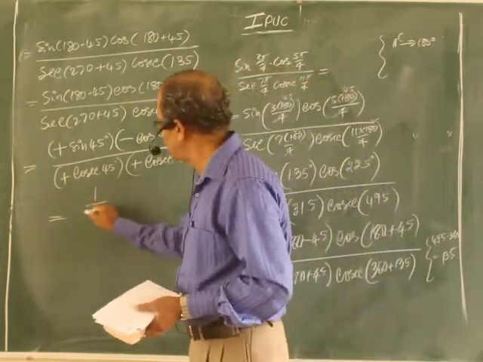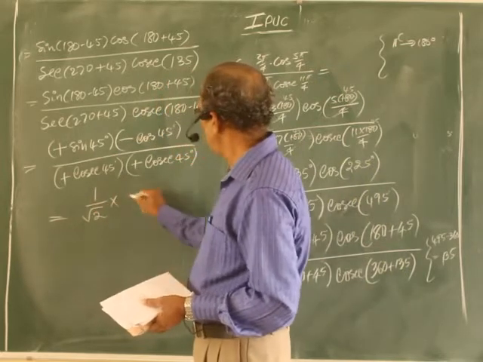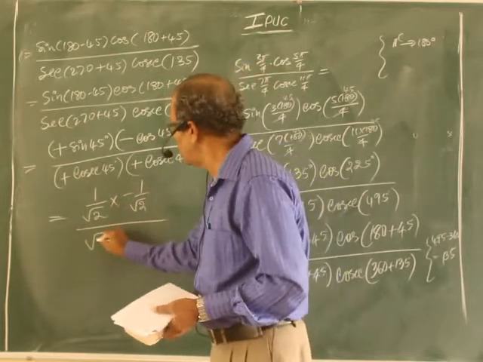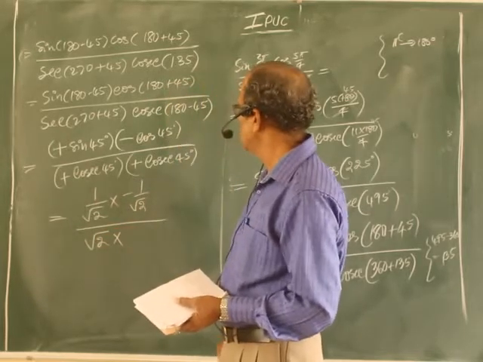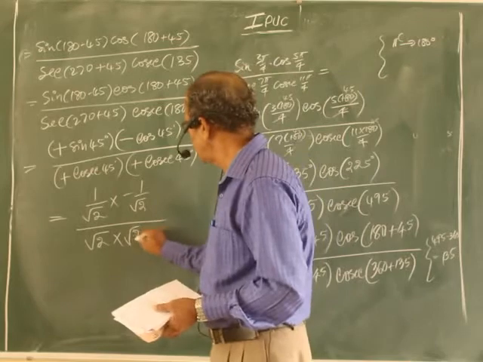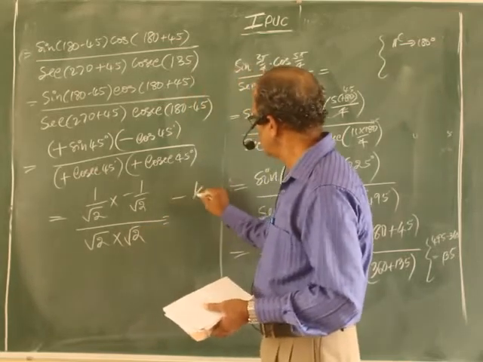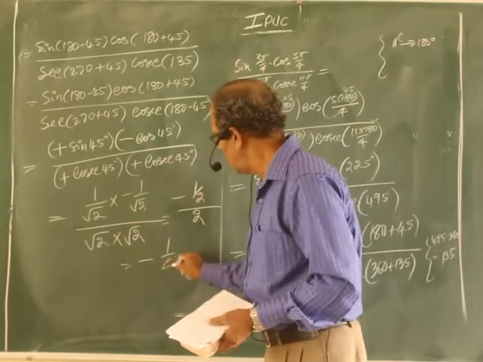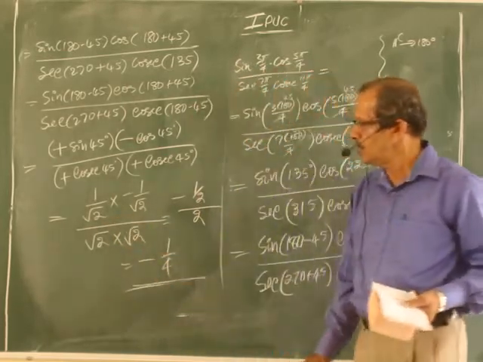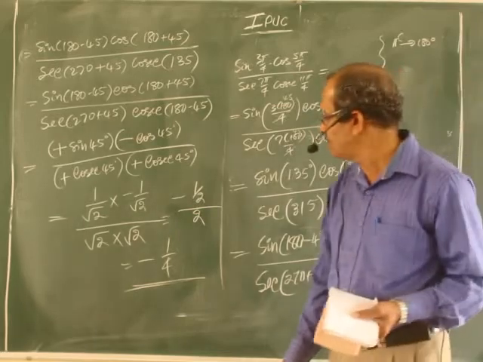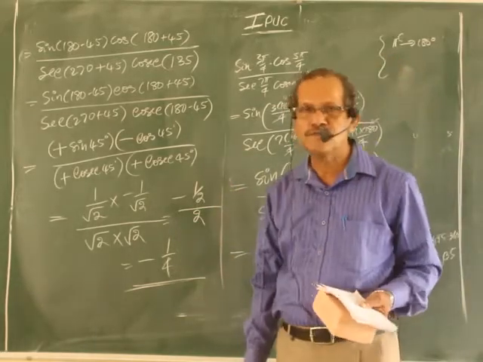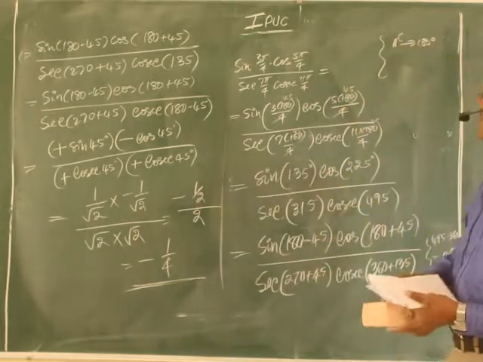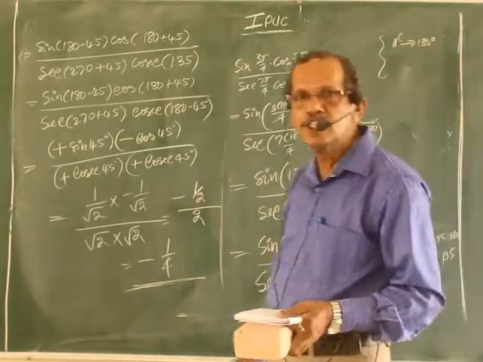Sin 45, cos 45, cosecant 45, cosecant 45, minus 1 by 2 divided by 2. Answer is, observe that one carefully, 1 by 2 by 2, 1 by 4. Even though the angle is in radian, you can simplify it.